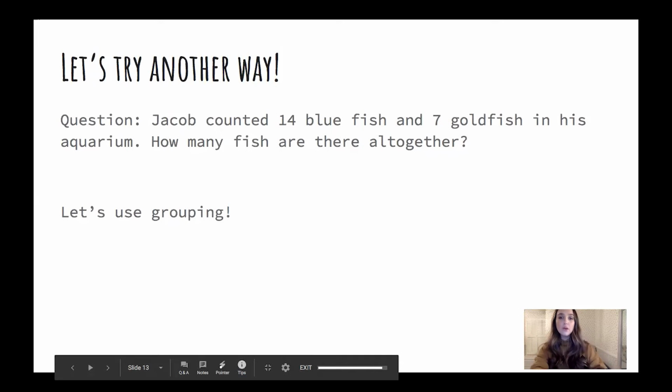Okay, before we move on, I would just like to say that this problem looks familiar. And the reason why it looks familiar is because we've already done this problem. We already know the answer to this problem. I brought this problem back so that we could practice how to use it in a different way. And I know that you guys can solve it because we've already solved it together. So the new way that I would like to introduce to you guys is with grouping.